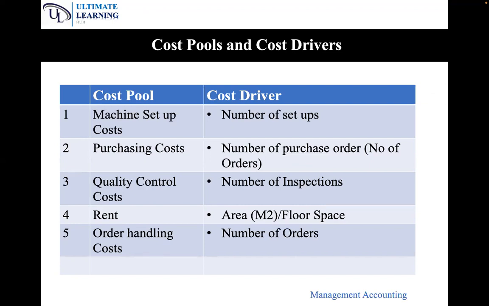If another department has got few setups, it will have fewer setup costs. Another cost pool can be purchasing costs. How can we share purchasing costs? Depending on number of purchase orders.